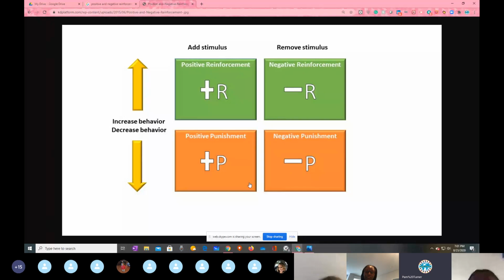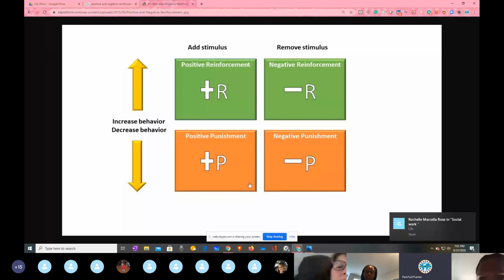However, it's a negative reinforcement because the goal behind timeout is to take him away from the positives. I can give him a dirty look, I can give him a good talking to. All of those things I'm going to give him.